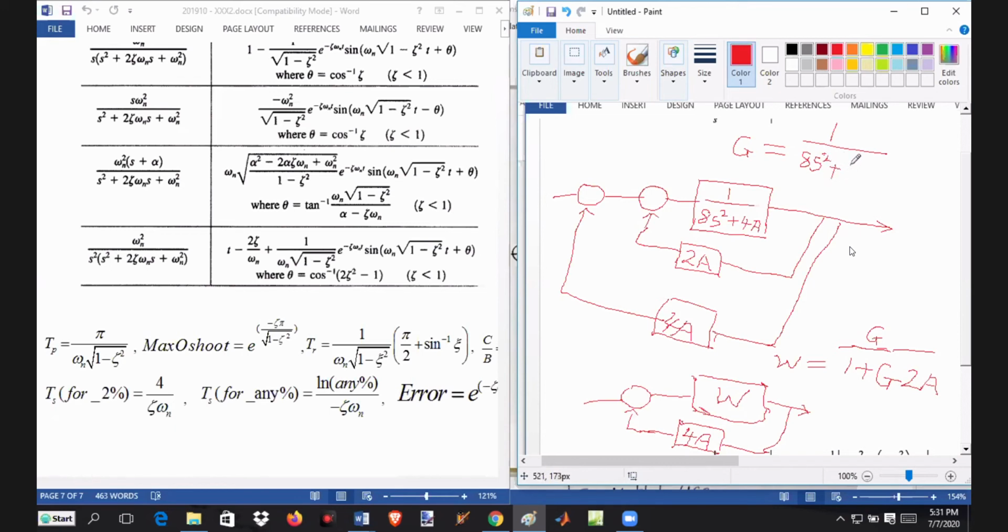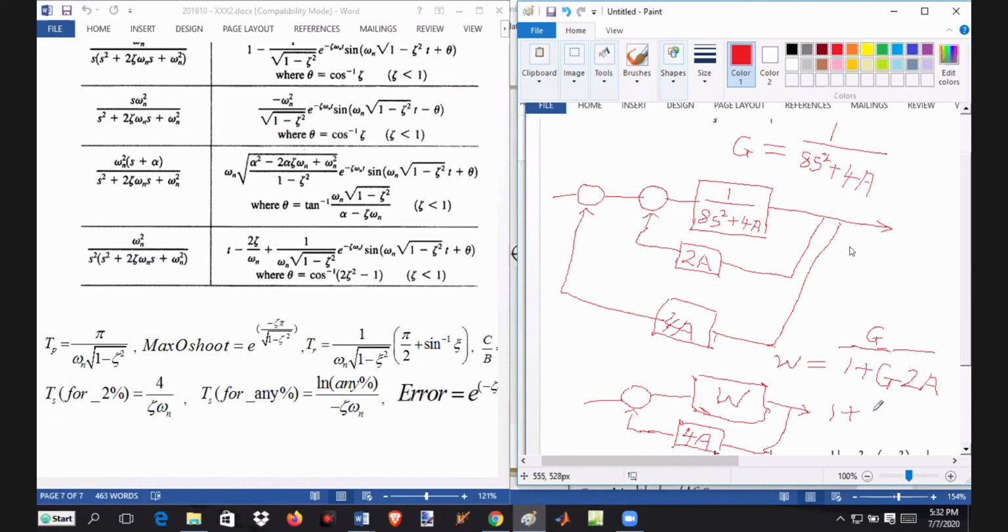Plus 4a. G is like that, so you substitute for G and calculate. Then you must also do the characteristic equation for the closed loop. I'm talking about the final diagram.